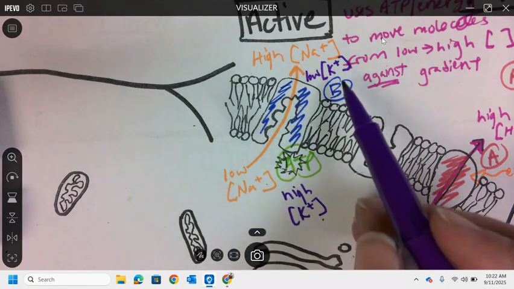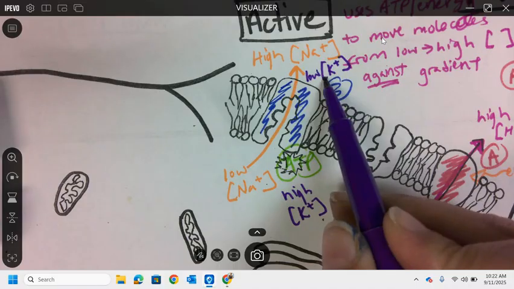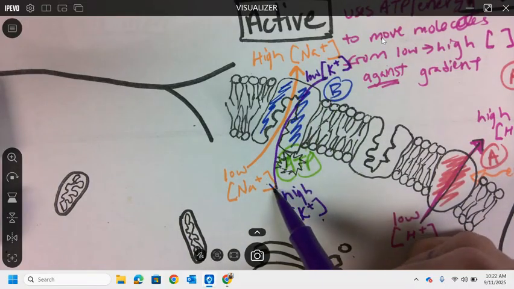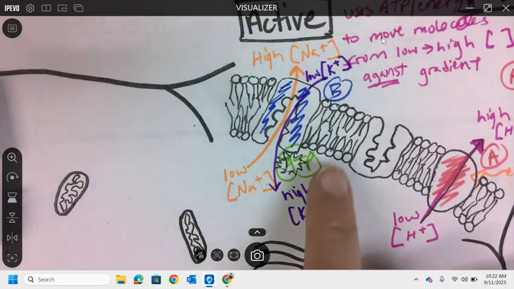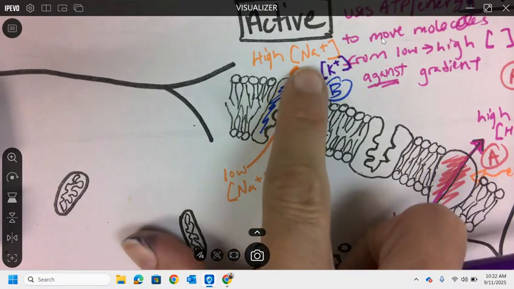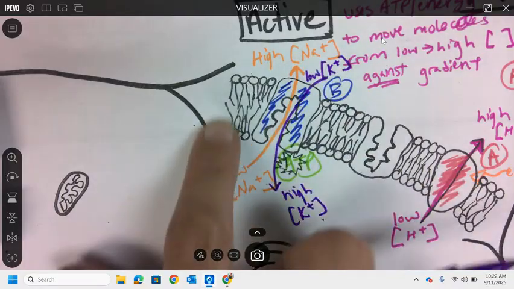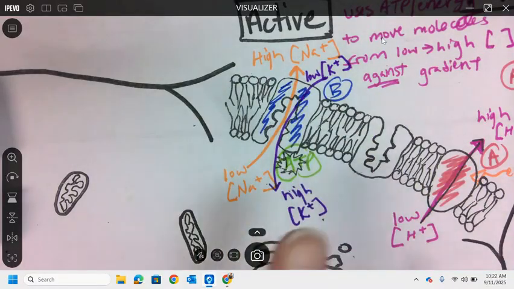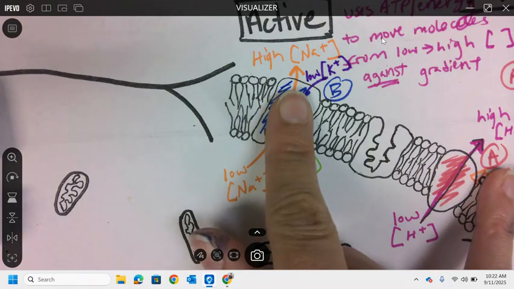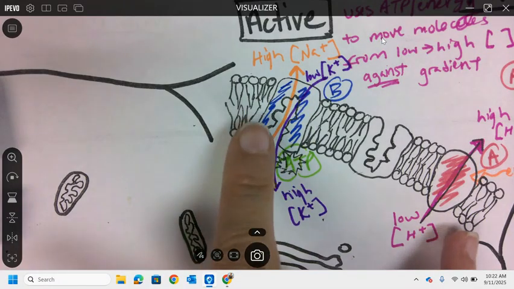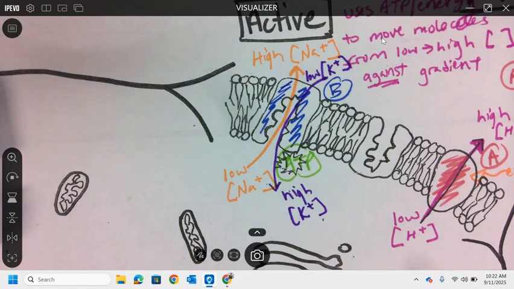And then it's going to pick up 2 potassium and move this potassium inside the cell against the gradient. So this protein is pumping both sodium against its gradient and potassium against its gradient to reset the nervous system. And then these ions will flow when neurons are sending messages, and then we'll have to reset it again. So that's one example of active transport. We're using proteins to pump things against their gradient.